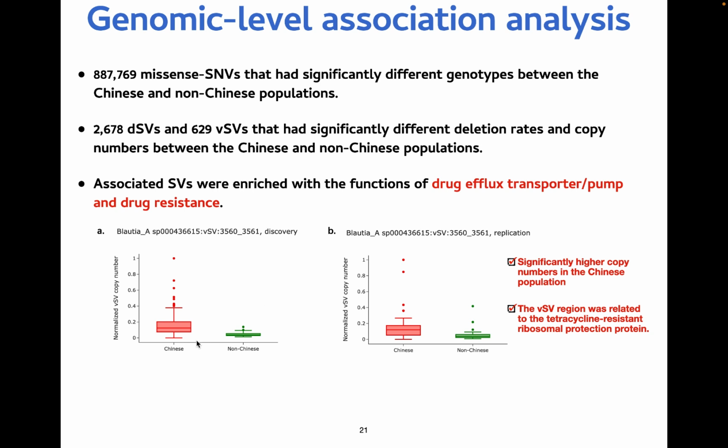For example, this is a VSV in the species of Blautia. It has significantly higher copy numbers in the Chinese population in both our discovery cohort and replication cohort. And this VSV was related to the drug resistance protein.